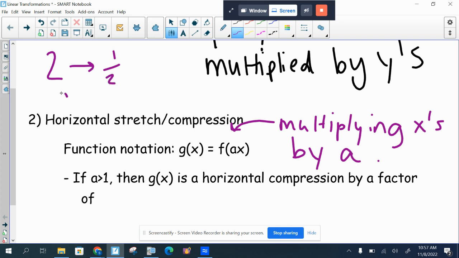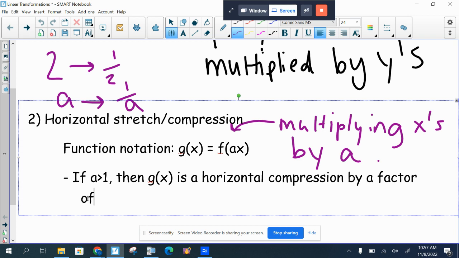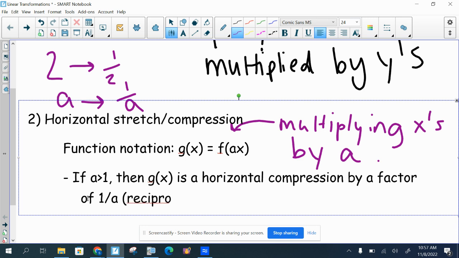If you have a, the reciprocal of a we would write as 1 over a. So the factor for horizontal compression and stretch is whatever the value of a is, you take the reciprocal of that. So 1 over a represents the reciprocal. So parentheses, reciprocal.